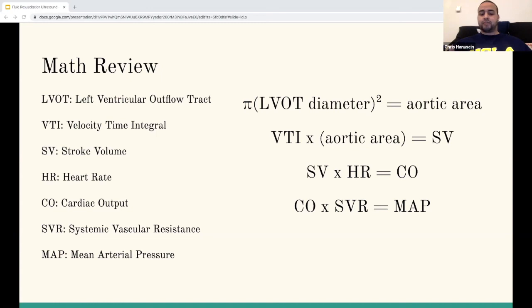That means the pipes are probably filled enough. And if you're not happy with their blood pressure, then that's the time to start pressors and not just keep flooding them with fluids and push them into fluid overload. A lot of times we just use IVC, which is good to see fluid status, but it won't tell us when the tanks are actually filled to the point where we should start pressors.